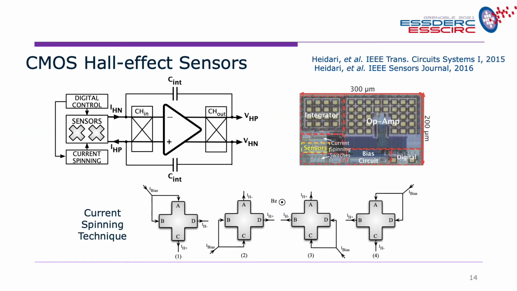So we will start from CMOS Hall effect sensors. CMOS sensors are low cost and very widely used in different applications. In this work, we implemented the sensors in a standard CMOS technology.